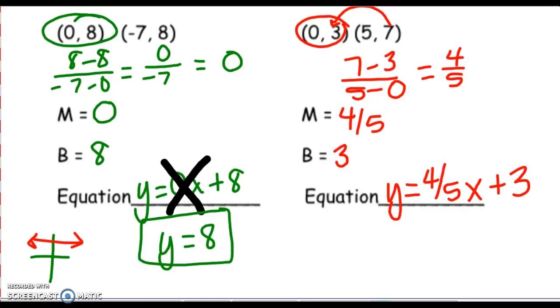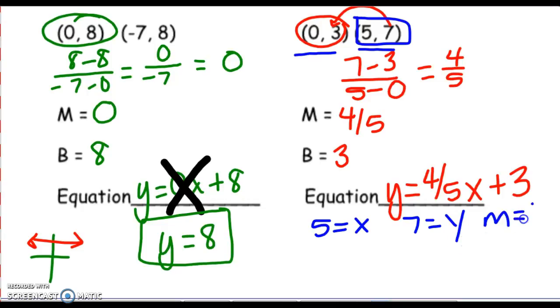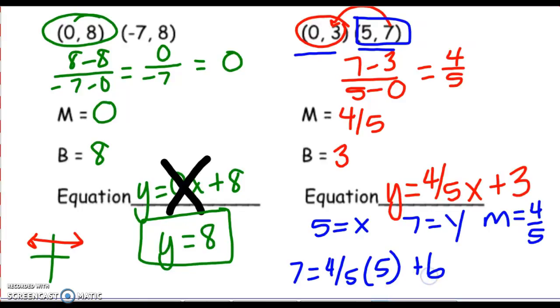Now, if both of these are not 0, I do have a way where I can plug them into the equation. I could take my slope and I could pick a point, 5 is my x, 7 is my y, and then my m is 4/5. I can plug that in, and I can say 7 equals 4/5 times 5, plus b, in order to find my b.